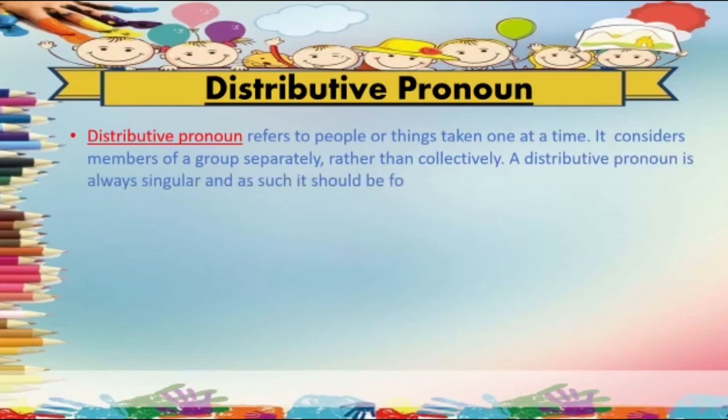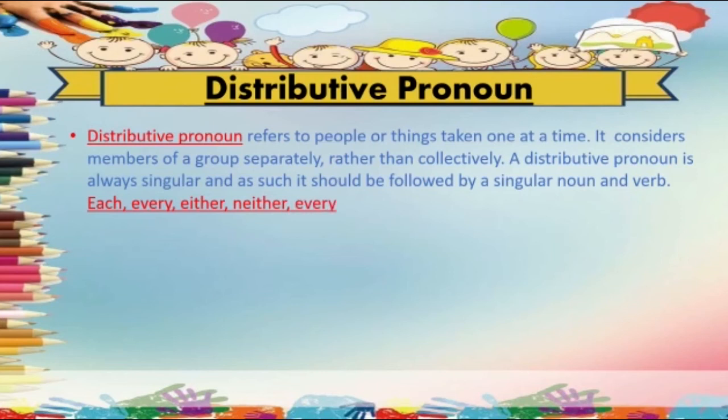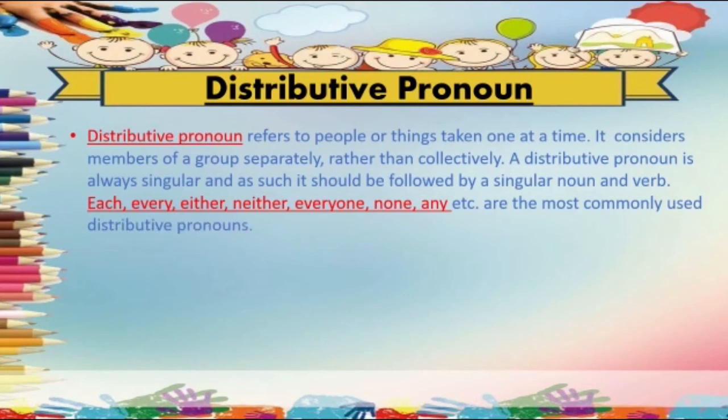A distributive pronoun is always singular and as such it should be followed by a singular noun and verb. Each, every, either, neither, everyone, none, any, etc. are the most commonly used distributive pronouns.